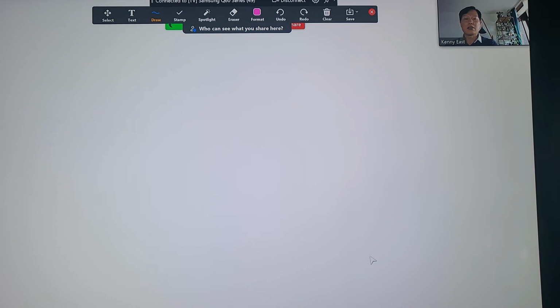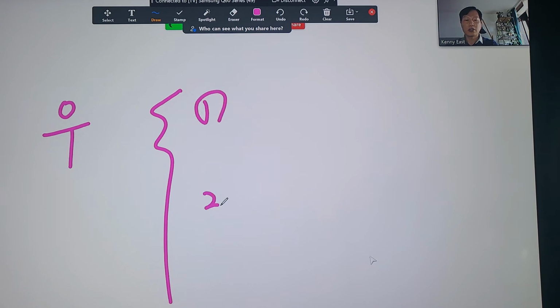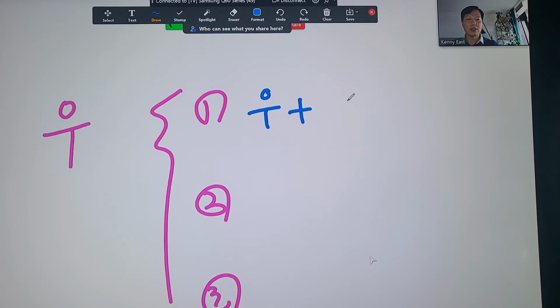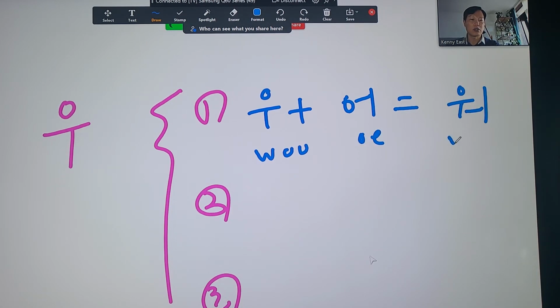Then we start the 우 sound. So after 우, we have three different combinations as well. First combination: 우 plus a sound, making the 워 sound. So you pronounce 워, like 워 break up.